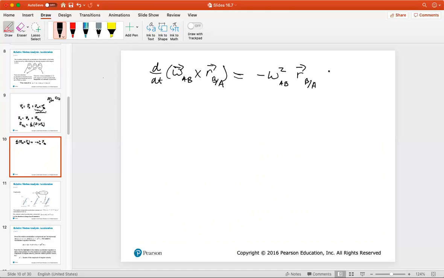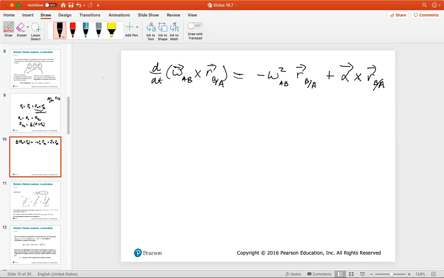And then plus, in physics 1, we said we had alpha R. But when we write that with cross products, we shouldn't be surprised that it becomes alpha vector cross R B A vector. And if you think about it, alpha vector is in the Z direction, and R points from the center of the rotation out to the outer edge, so radially outwards.